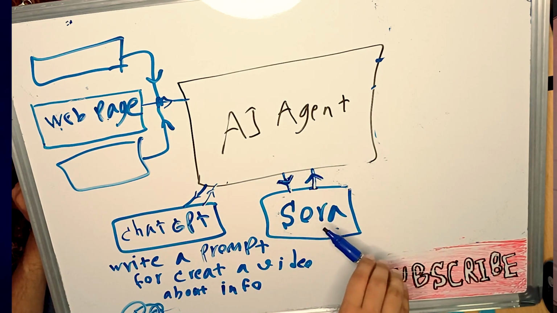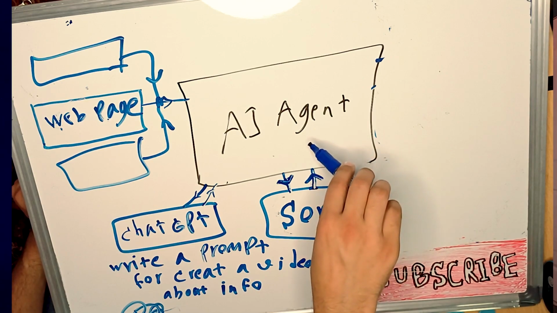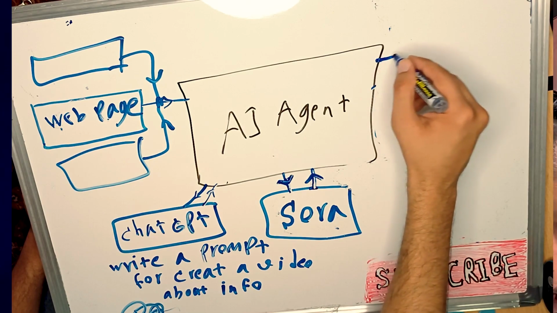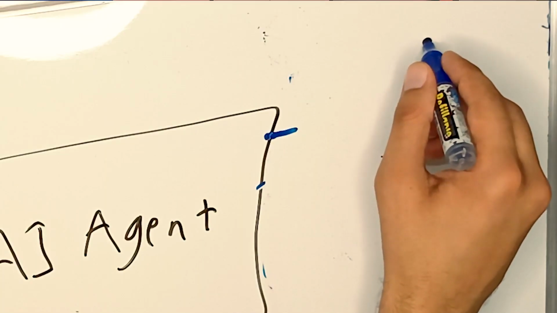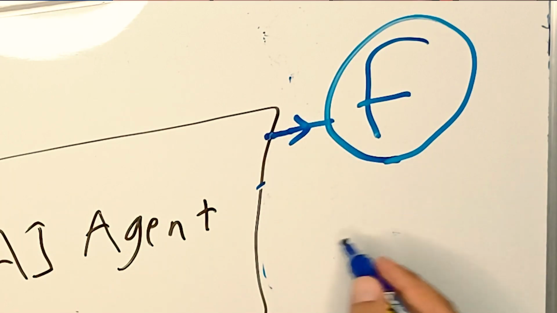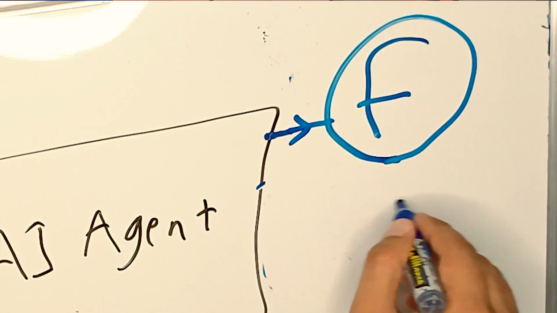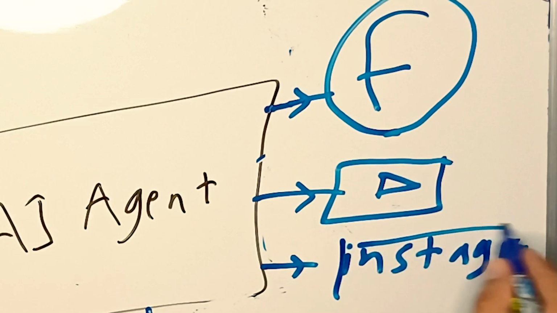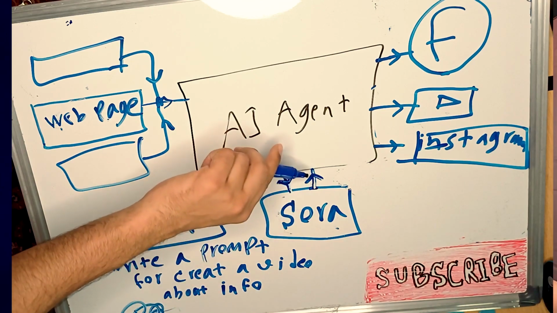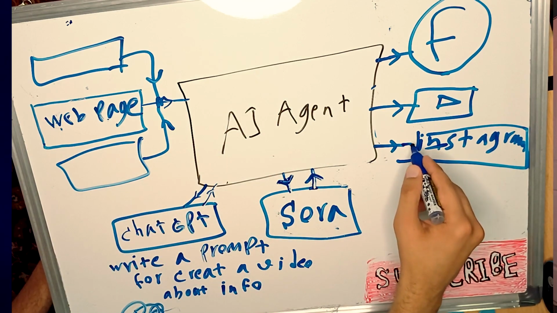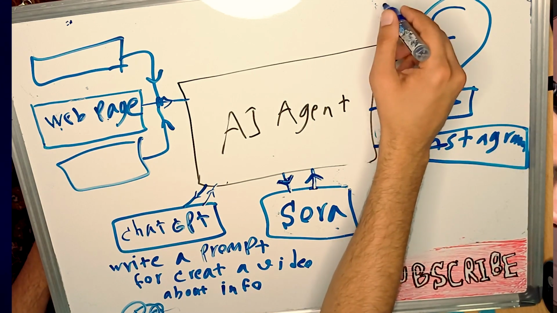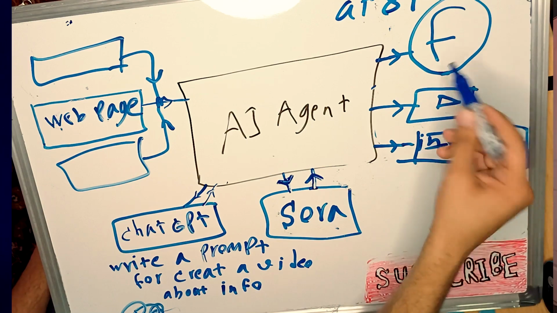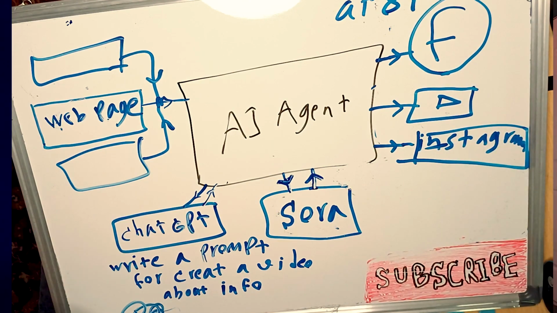Sora creates a video and gives it back to the AI agent, and the AI agent will upload it on, for example, your Facebook page, or on your YouTube, or on your Instagram. It will upload the video every single day at, for example, 8 p.m. on Facebook, YouTube, or Instagram.